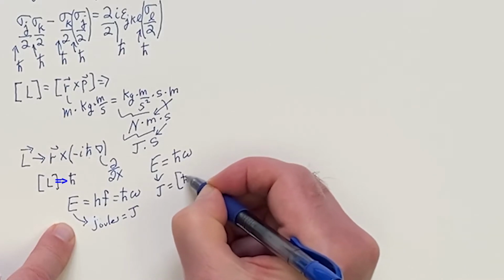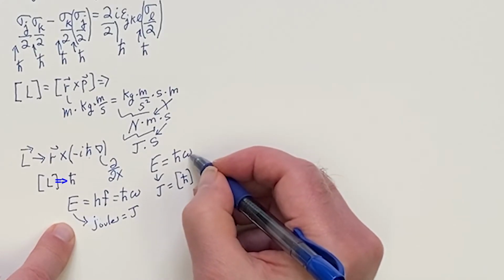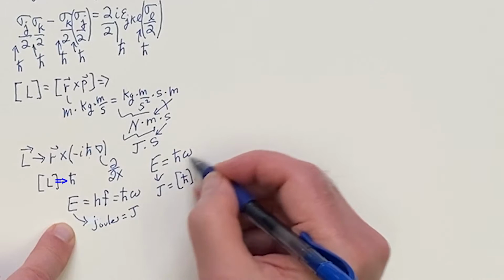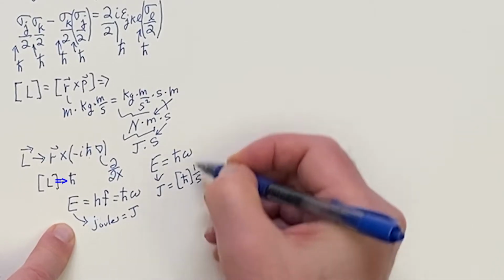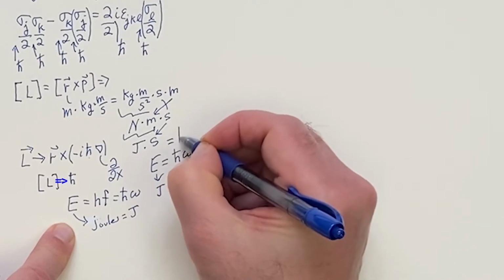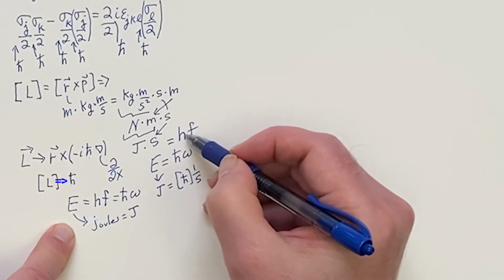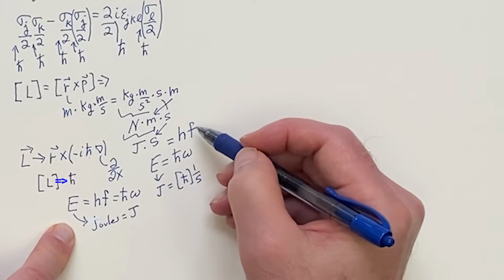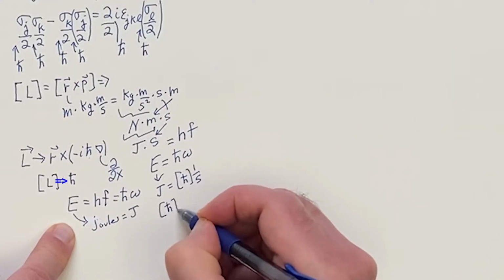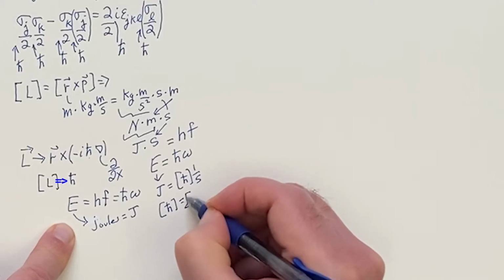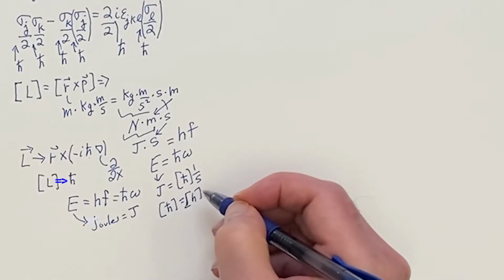Say we have h bar units, and this is radians per second. Radians are dimensionless, so this is per second, and that would be the same thing if you did this one. You would have per second. So it doesn't matter. H bar has the same units as h because you're dividing by 2 pi.